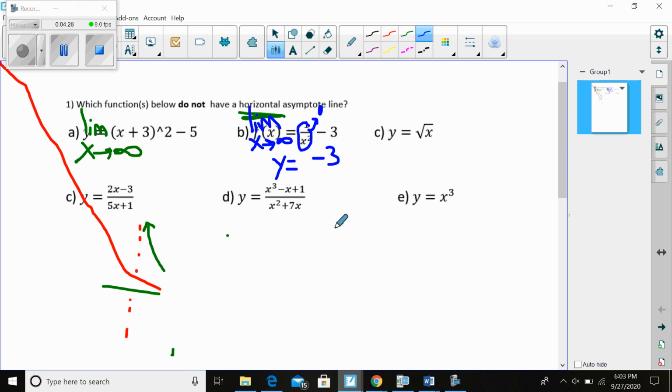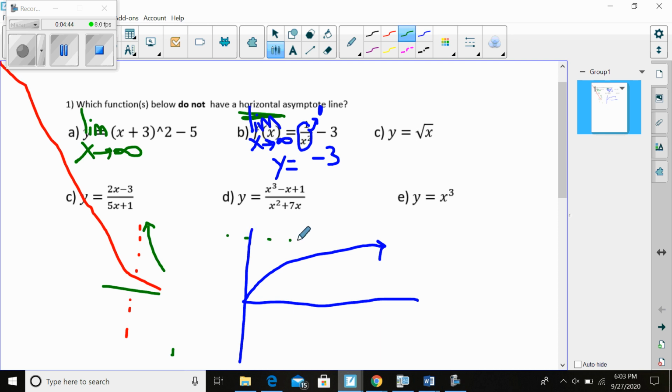Now with radical x, again, if I draw the graph, the way we draw it is very misleading, because this is one of the parent functions you should be familiar with. So we draw the graph, it looks like that. And again, so many students come along and say, oh yeah, horizontal asymptote line right there.